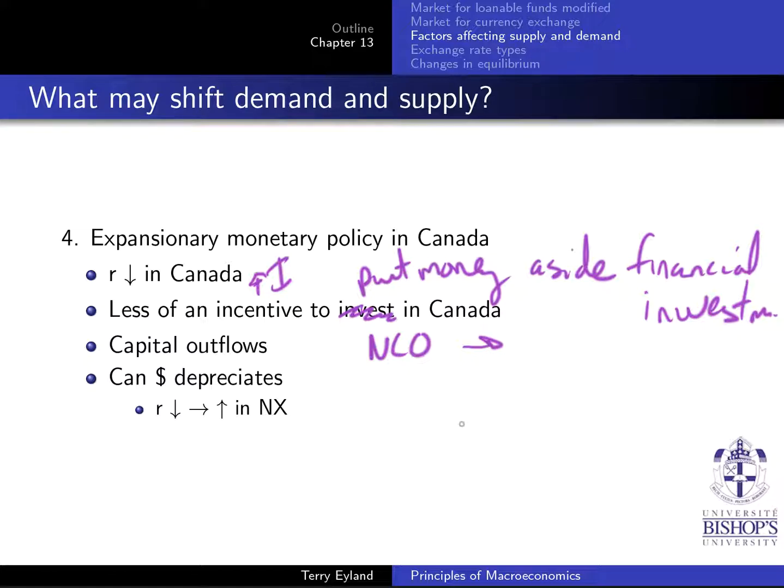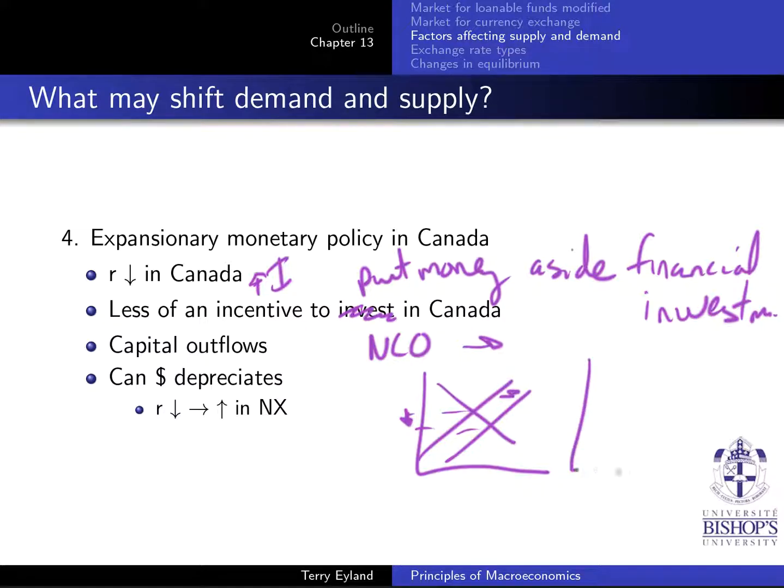If I think about the way I represent the exchange rate, as this happens, we would demand more foreign currency and supply more Canadian currency. So on my graph, we would have the supply of Canadian currency shift right, leading to a decrease in the value of our currency.